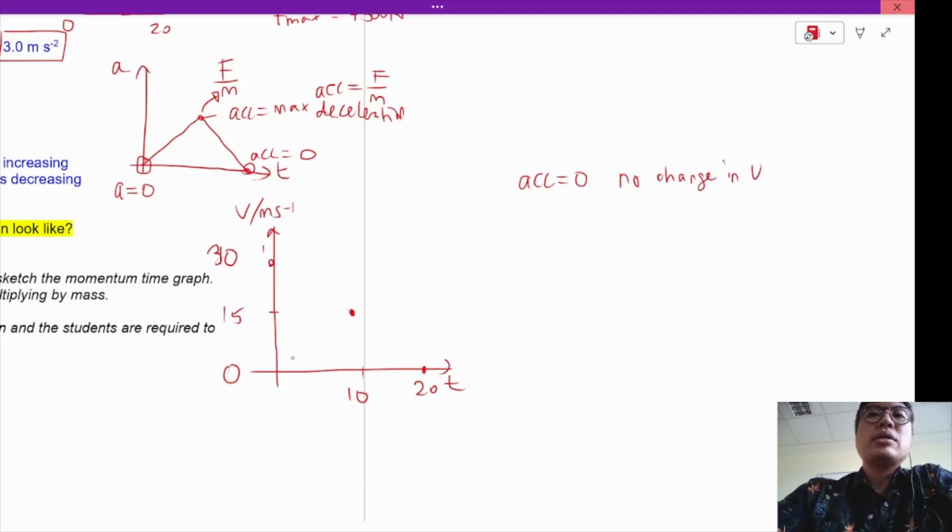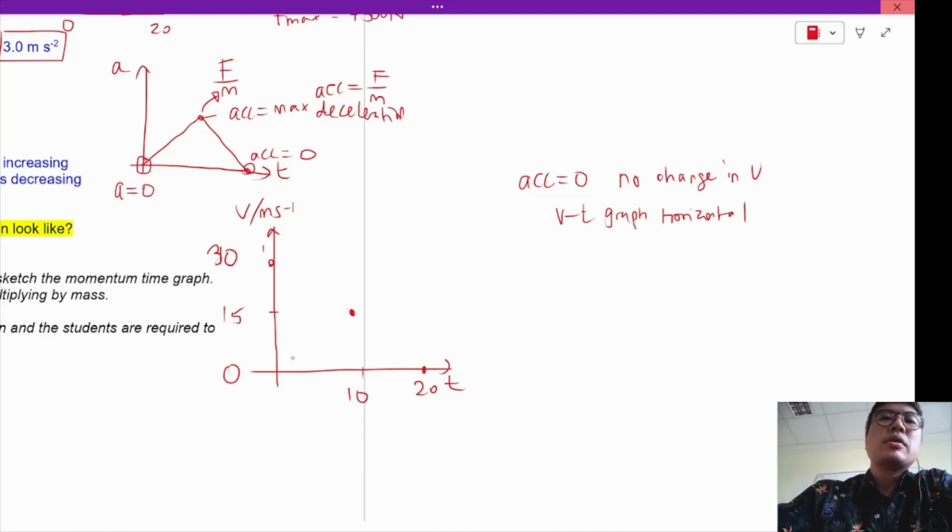So when the acceleration is equal to 0, the v-t graph has a horizontal gradient. That means at time equals 0, the acceleration is 0, so the velocity graph gradient should be straight. And over here, at time t equals 20, the velocity graph gradient should also be straight.